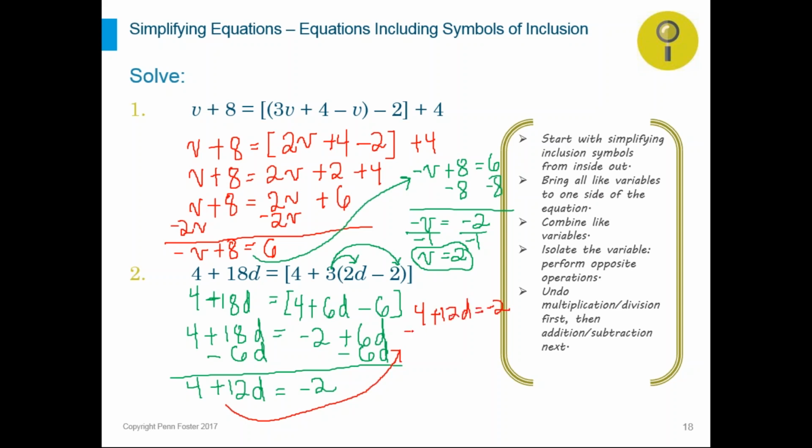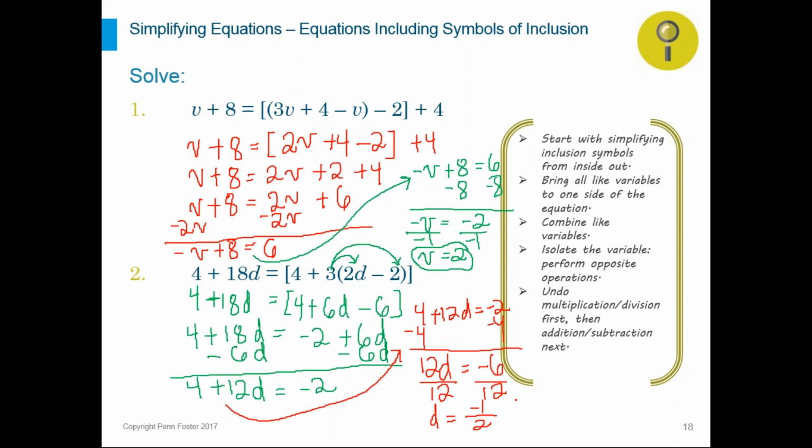We said subtract 4 and subtract 4. 4 minus 4 is a 0. So on this side, I have 12d by itself equals negative 2 minus 4, which is negative 6. Now I have the multiplication to get rid of: divide over 12 and divide over 12. So d equals negative 1 over 2. That's it, and that's your answer.